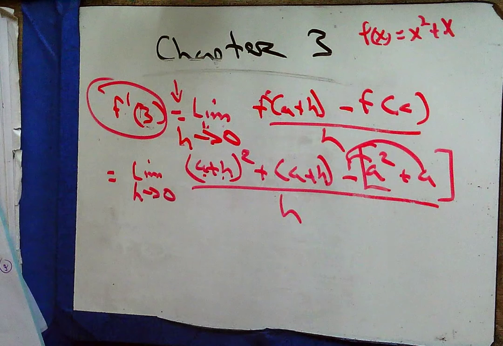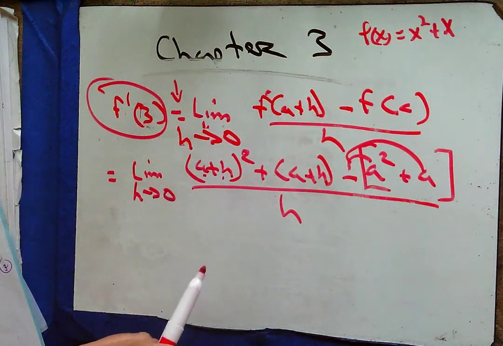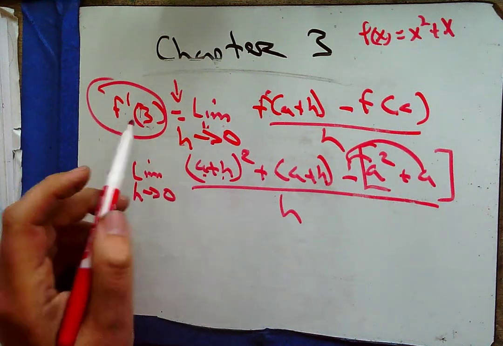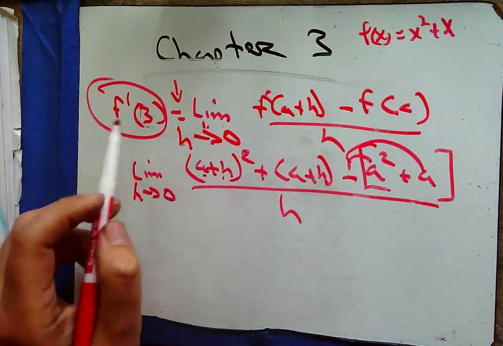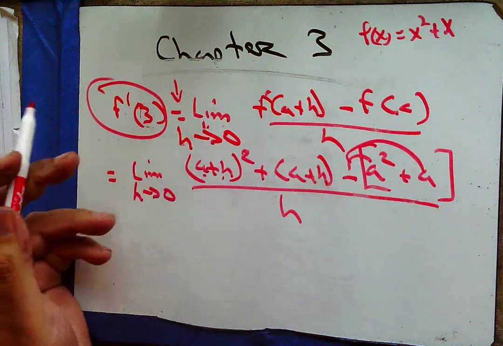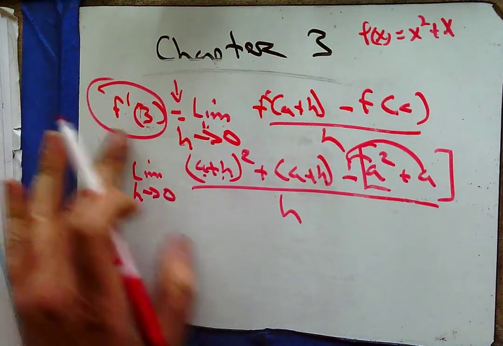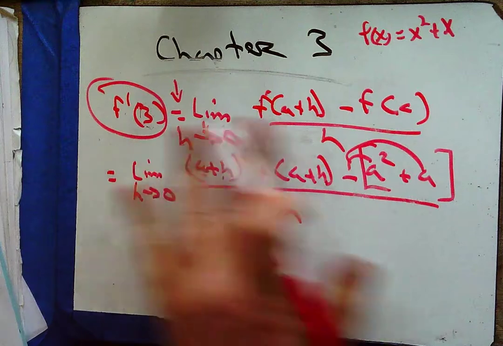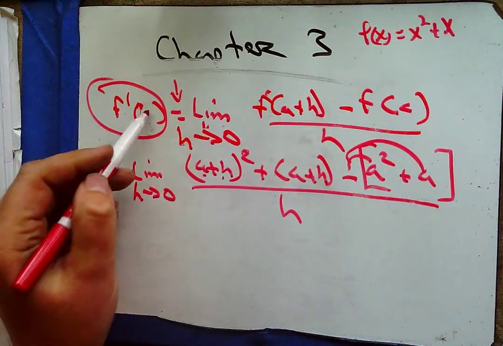That's called a linkage error in College Board language. A linkage error occurs when you try and claim the two things are equal when they aren't. F prime of 3 is not this. This is called f prime of a.